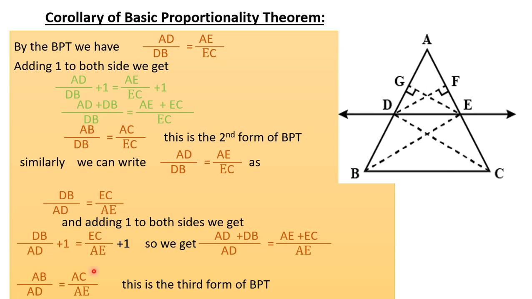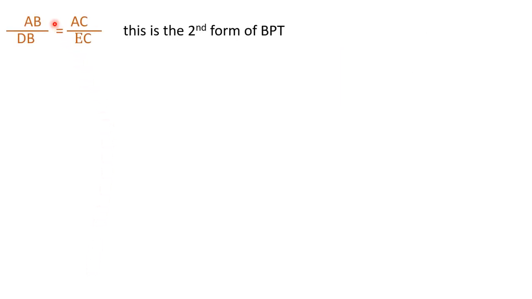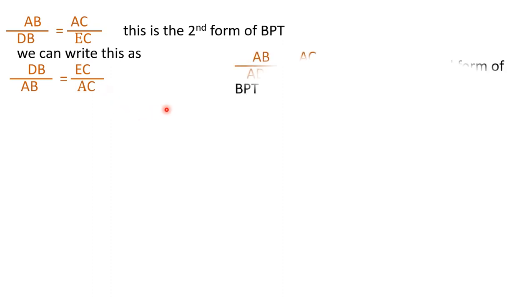Now we can arrange these forms also. The second form was AB upon DB is equal to AC upon EC. We can write the reciprocal of this also. So it will become DB upon AB is equal to EC upon AC. Wherever we require these forms, we use them. Or the third form, again we can rewrite by taking the reciprocal of this.